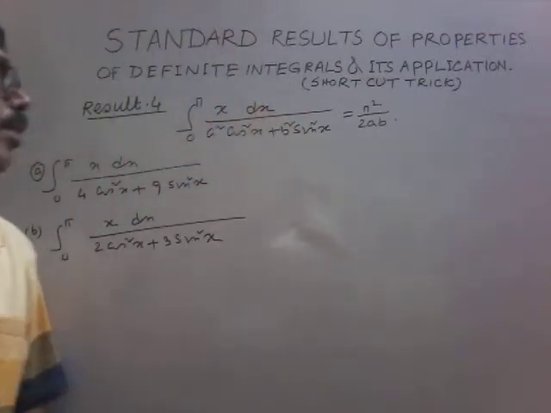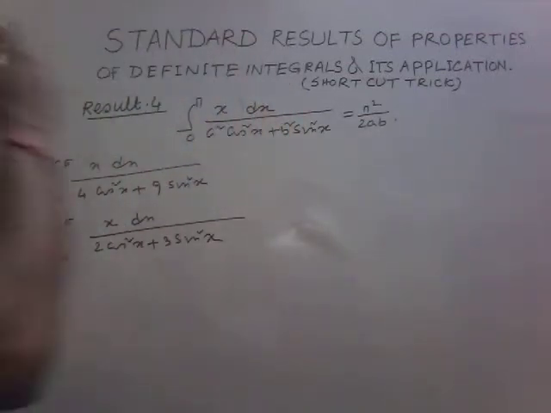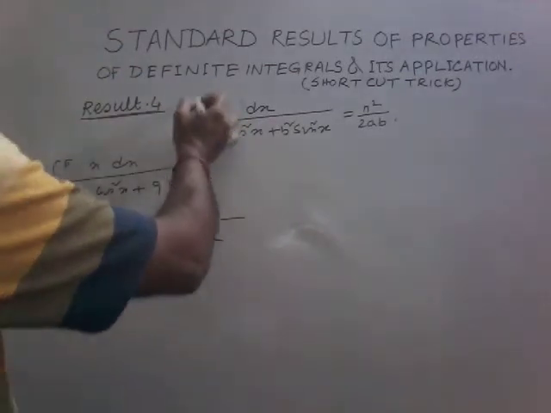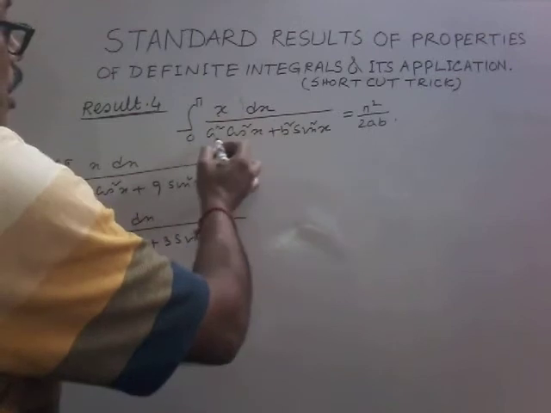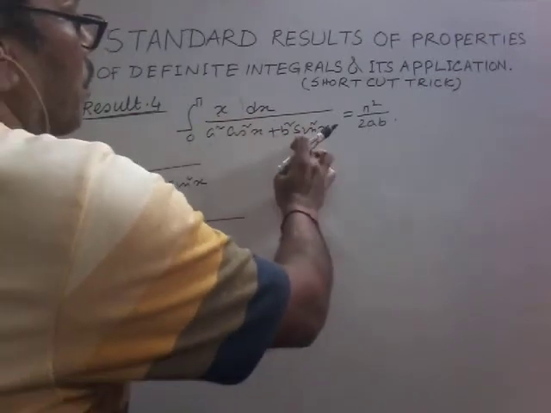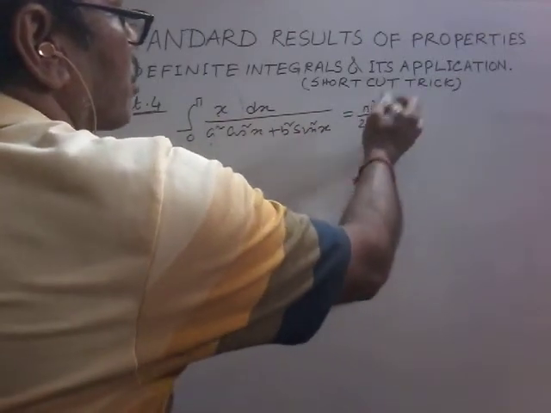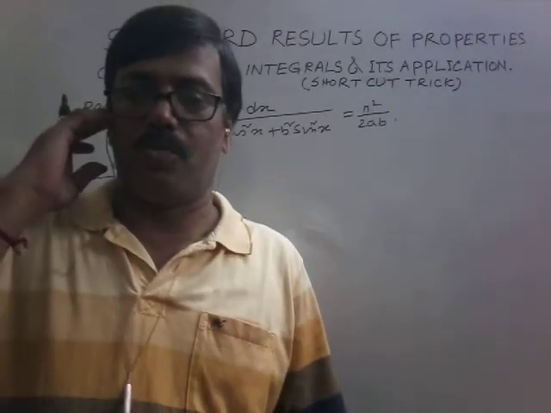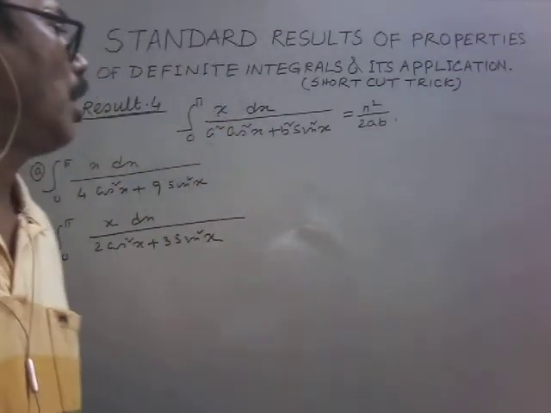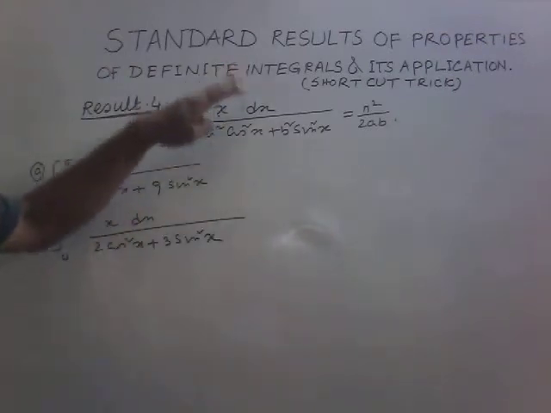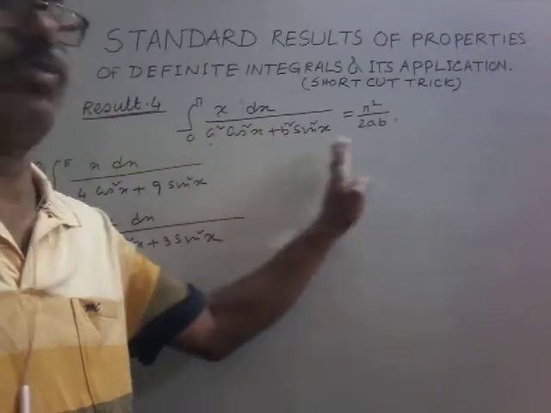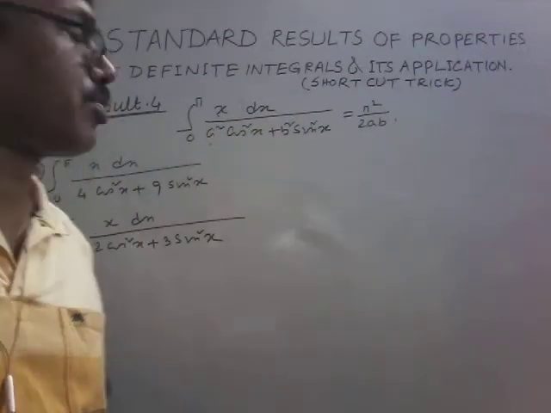Now look, it is also a standard result. Integral 0 to pi x dx by a square cos square x plus b square sin square x equals pi square by 2ab. Now I am saying repeatedly, you must prove these results.